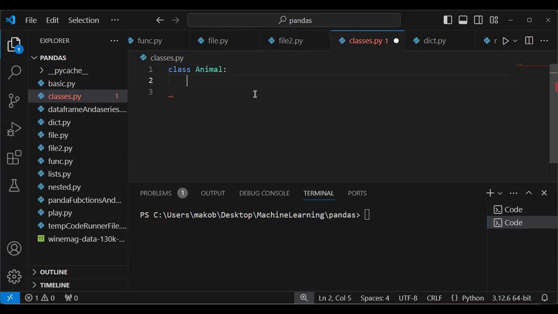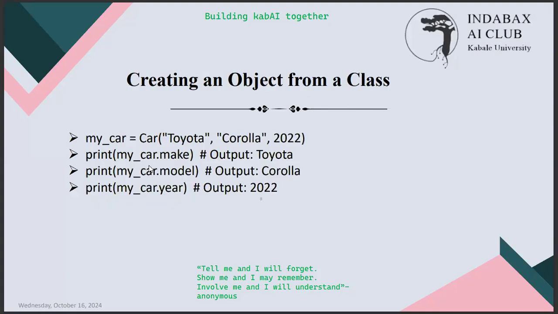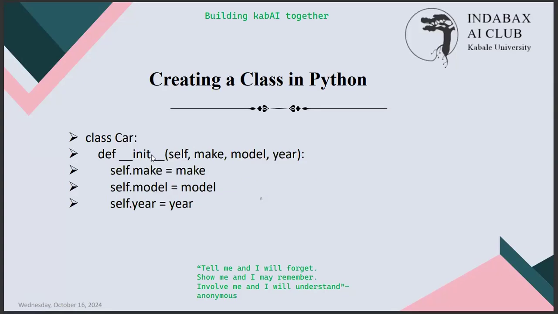This means that the block of code that should fall under the class animal should always begin from where you're seeing the cursor. So inside here, I have to define the init method. This init method here.